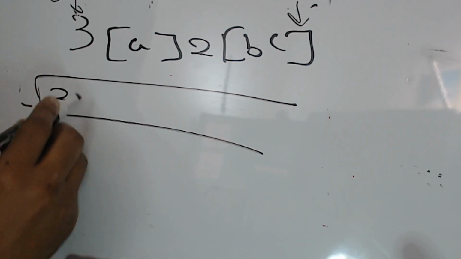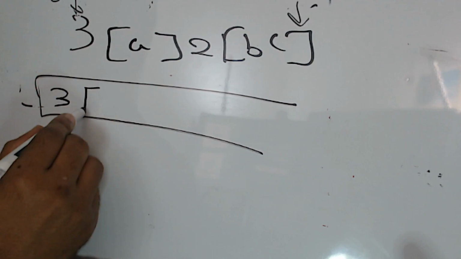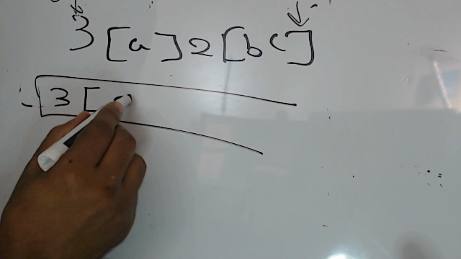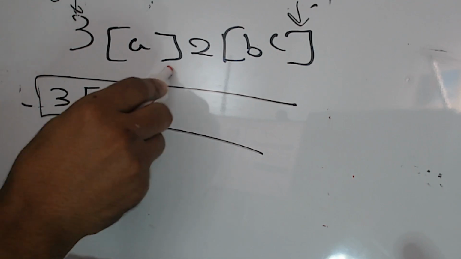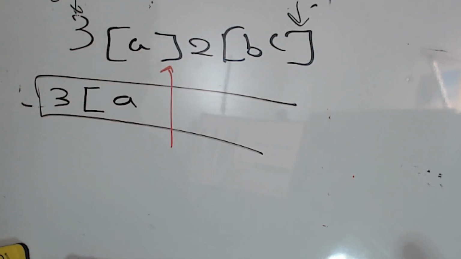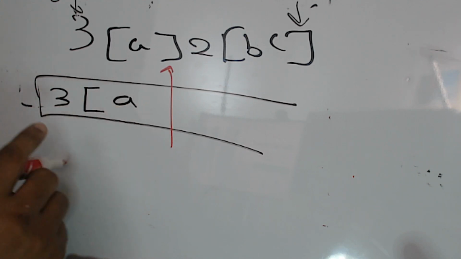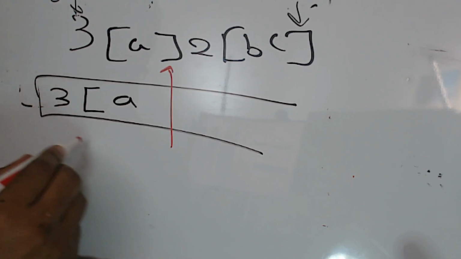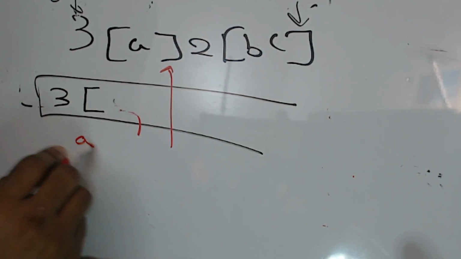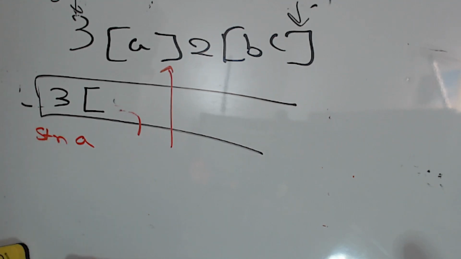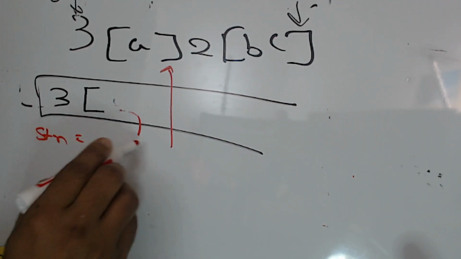So 3, then we add the opening bracket, then we add a. The time we encounter a closing bracket, then we keep popping values from the stack until we get an opening bracket. So we're going to keep popping a and construct our string.